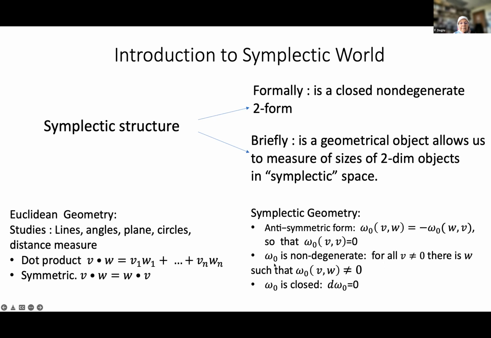At the same time, omega 0, the form, is non-degenerate. That means for every non-zero vector, we are able to find another vector such that the form is non-zero. Another property is that omega 0 is closed, which means its derivative is 0.